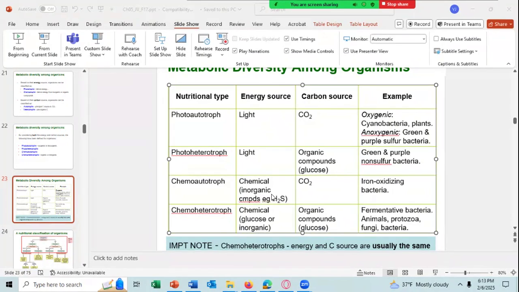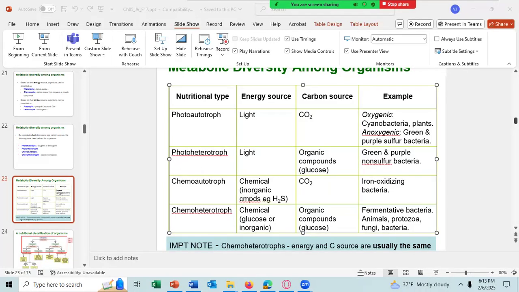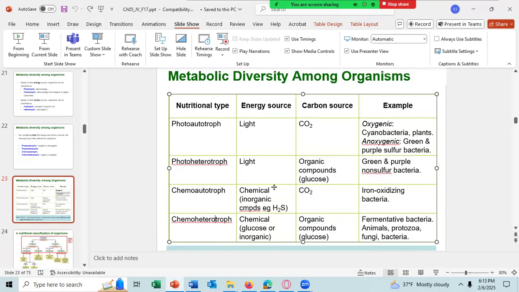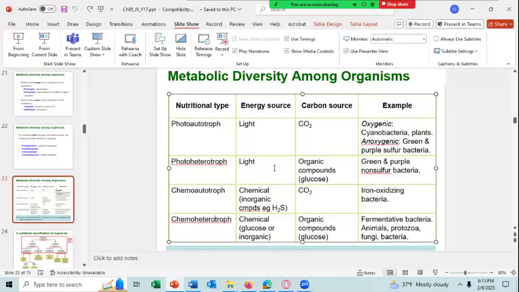All right. Any questions about these three? The hardest for students to relate to are the photoheterotrophs. This is an organism, as far as I know, only bacteria, that gets its energy from light. That's why they're a phototroph. And they get their carbon from an organic chemical compound such as glucose.